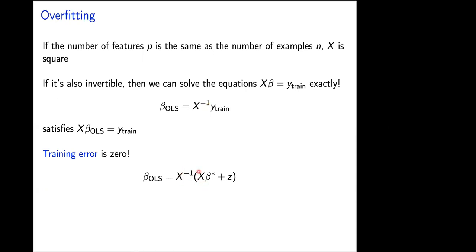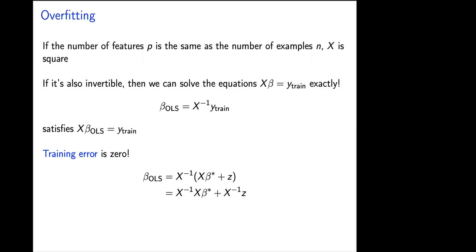X inverse is multiplied by the data, which is the perfect beta, beta star, that we should find, times X, plus Z, which is some error that's introduced during sampling or in our model of the world. There might be variables that we don't have access to, so Z gives us some kind of noise.